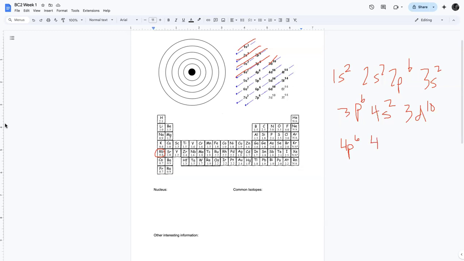So in a neutral atom, it would have just one more electron than krypton, and it would be in the 5s position. Remember, that also means we could just write rubidium as krypton with an added electron in the 5s1.